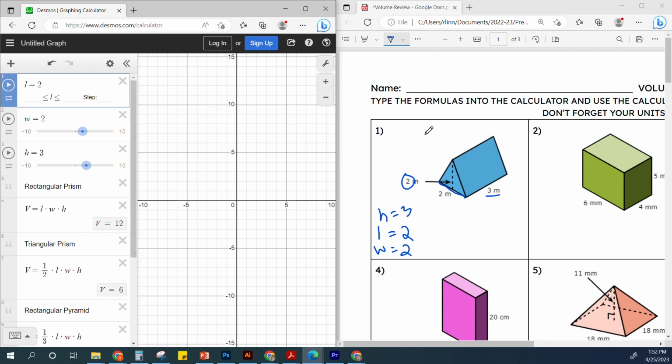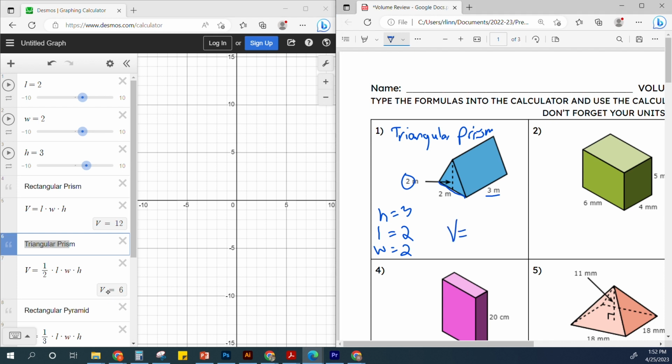So since I have a triangular prism here, which is the other thing we want to identify, triangular prism, I'm going to look at the volume for a triangular prism here, which tells me my volume equals 6. So V equals 6. But I'm not quite done yet, because I also need to add my units, and I can see here that my unit is an M, meaning it's in meters. And since I have volume, it's going to be meters cubed.